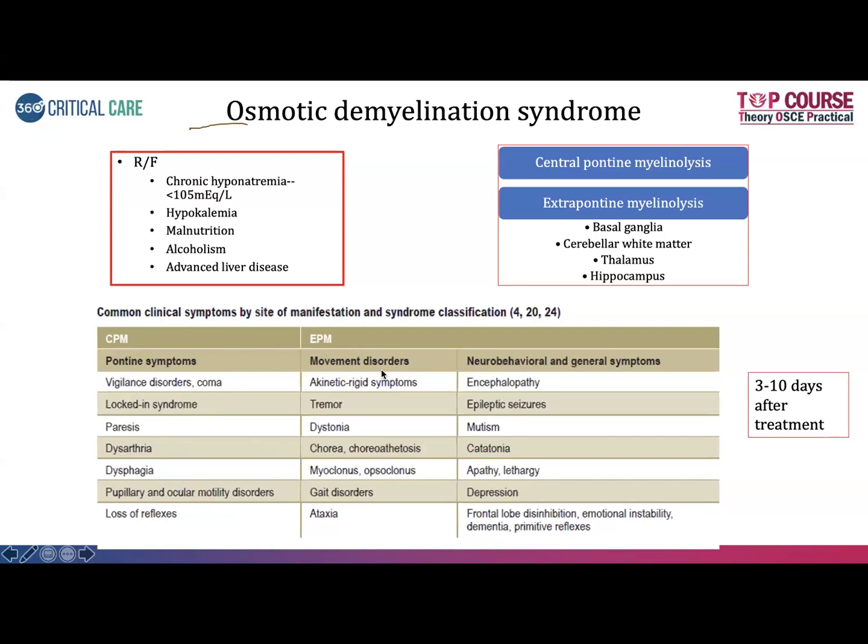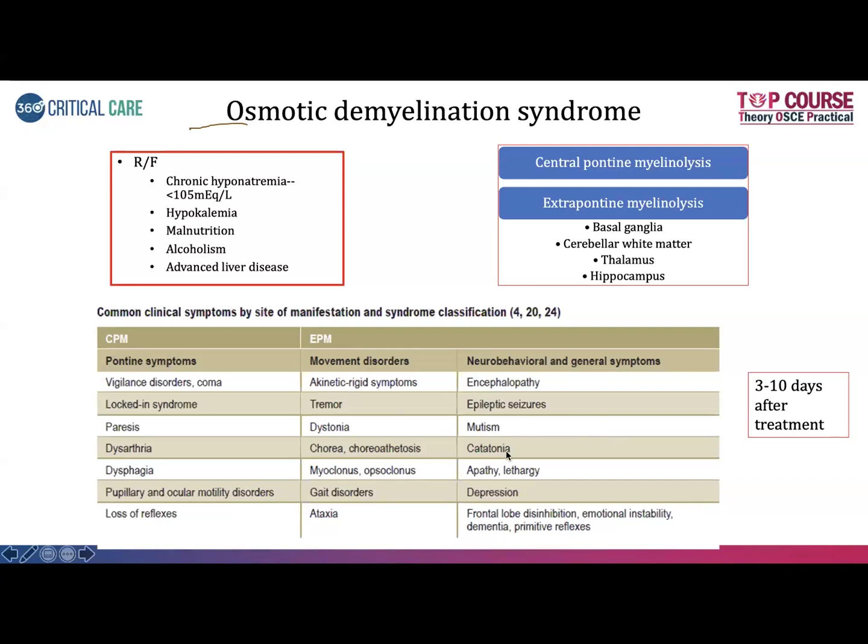Extrapontine myelinosis, there will be movement disorders. There can be neurobehavioral and general symptoms also. So movement disorders, there will be tremors, dystonia, chorea, athetosis, myoclonus, opsoclonus, gait disturbances, akinetic, rigid symptoms. Okay. And ataxia can be there. Behavioral, the patient can become just mute.